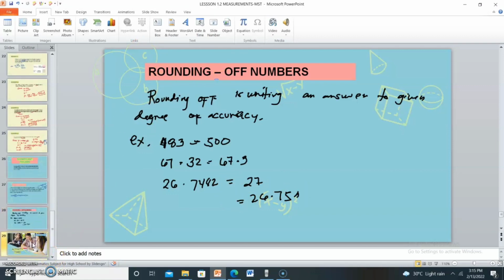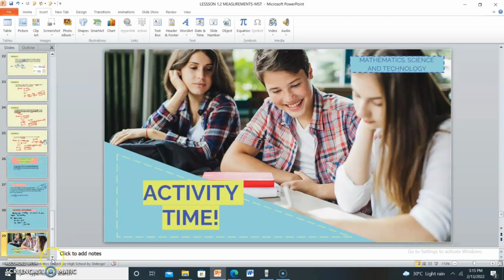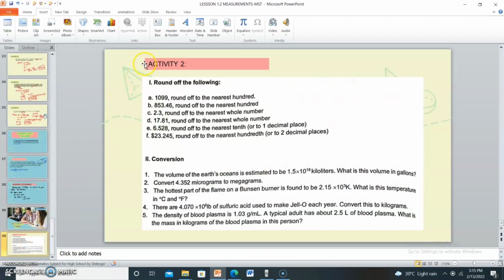So next is the activity time. Your activity 2 in your book, page 14. Letter I, S1. Activity 1: round off the following, A to F. Second is the conversion of units.